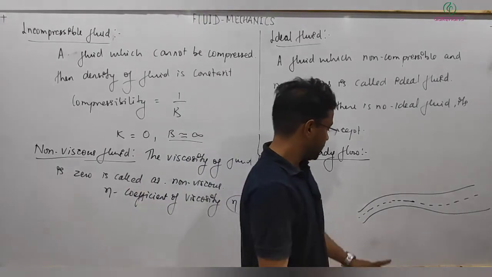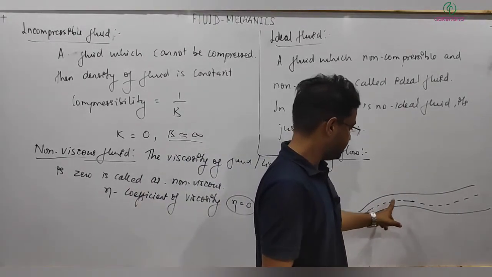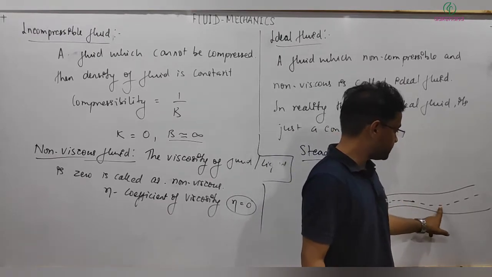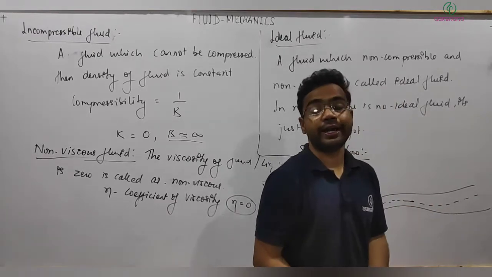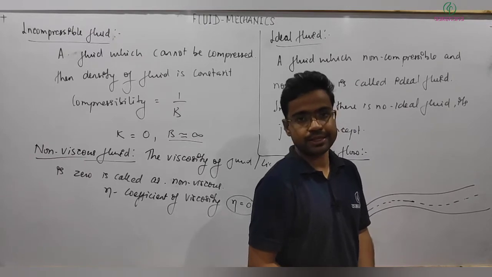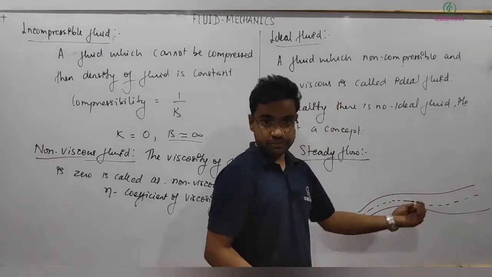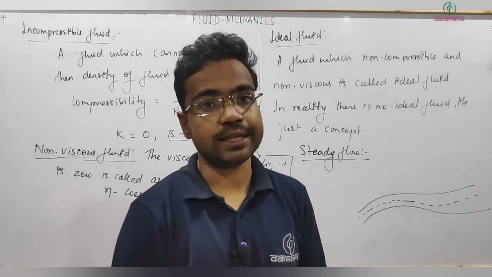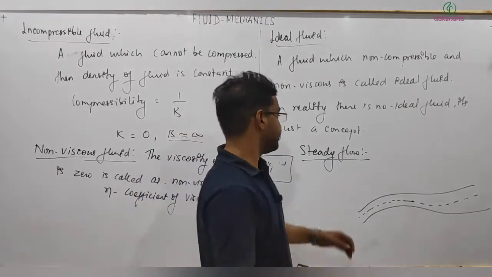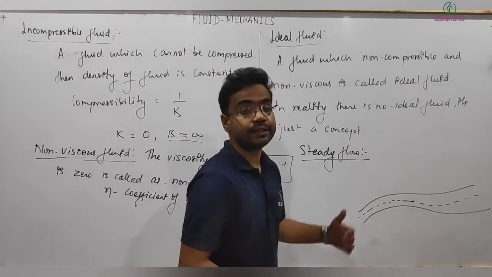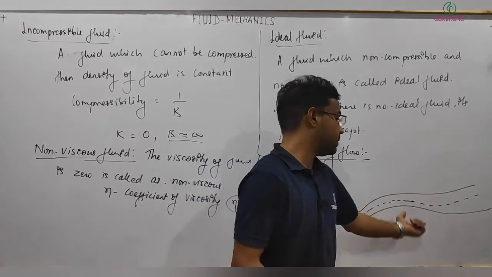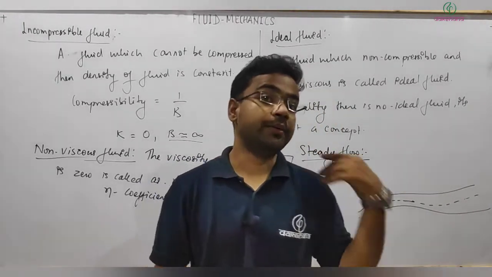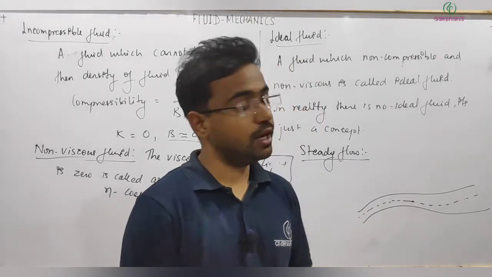One is fluid velocity at this point, this point, this point, this point. At every point fluid velocity is constant with position, and also with time it's not changing. Another condition maybe at every point velocity is different, with time it's not changing.